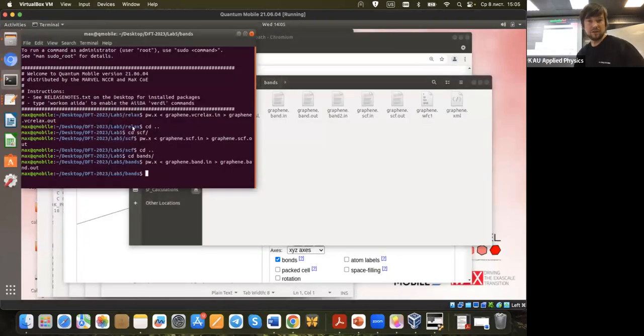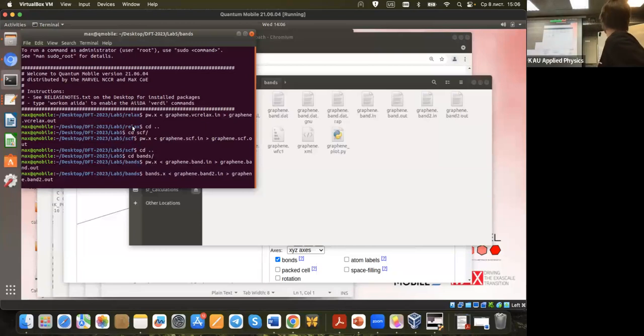We make the file bands.x, graphene band 2, out. Here is post-processing. It also will take some seconds.